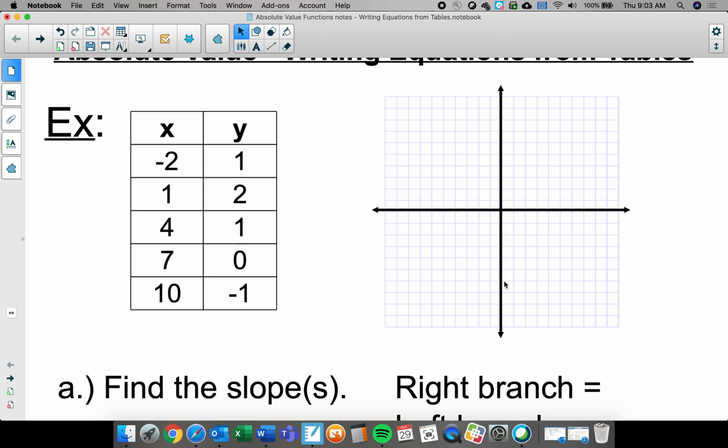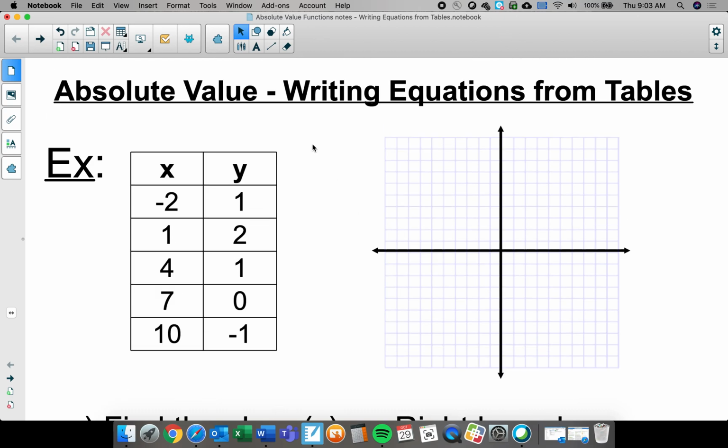So let me start with, here's a table of values, and let's start with plotting points here. If I go through negative 2, 1, there's a point. Positive 1, 2, there's a point.